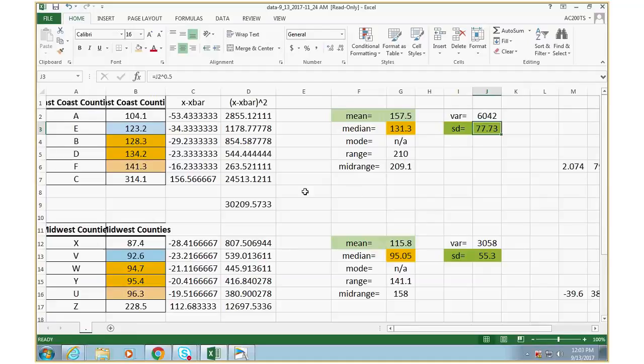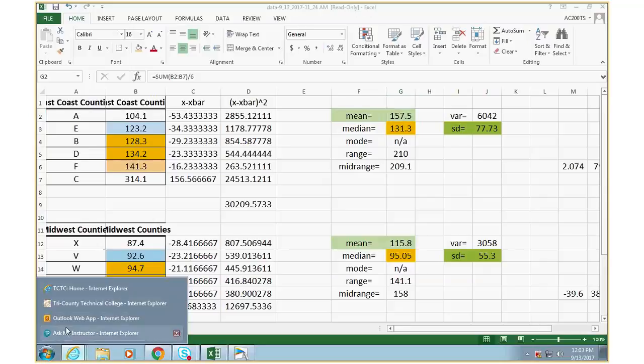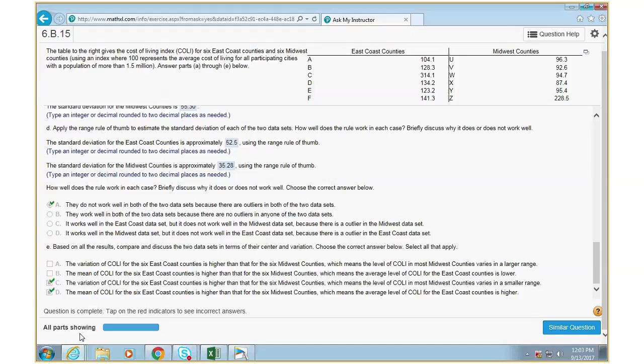Okay? The second question said that the mean is lower for the East Coast counties, and that's wrong. The mean is what? Higher. I think that's what it's saying. All right, and then the third one. The variation of the East Coast counties is higher, which means that the Midwest varies what?